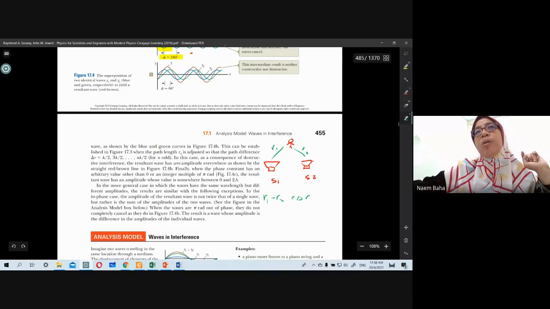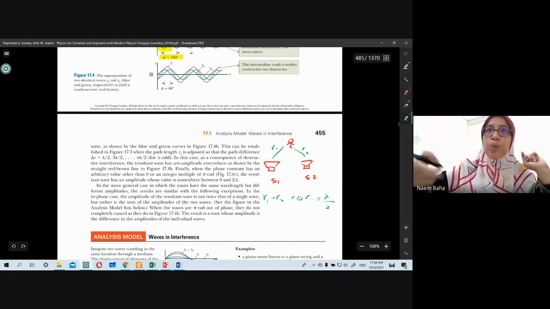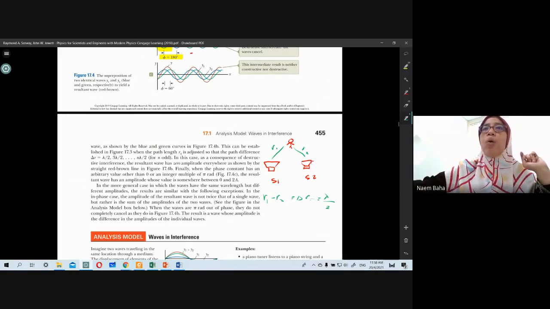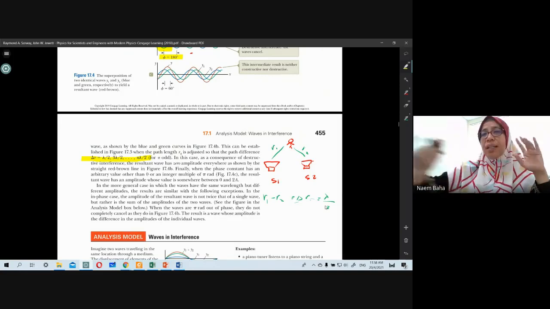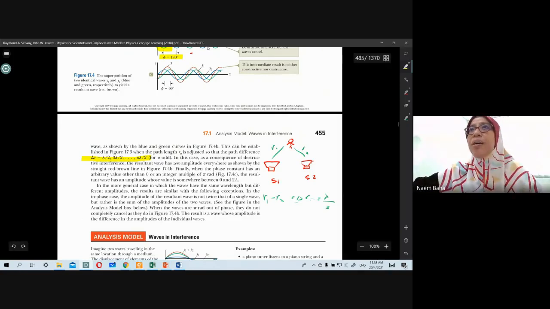When we divide the path difference with lambda, if the value is equivalent to 1 over 2, 3 over 2, okay, or rather than have lambda over here in the denominator, I brought it to the right, to make sure that it's equivalent to what's given in the book. Lambda over 2. So if it's over 2, it's not even a complete cycle. The cycle is half of it, which you will find quite familiar.